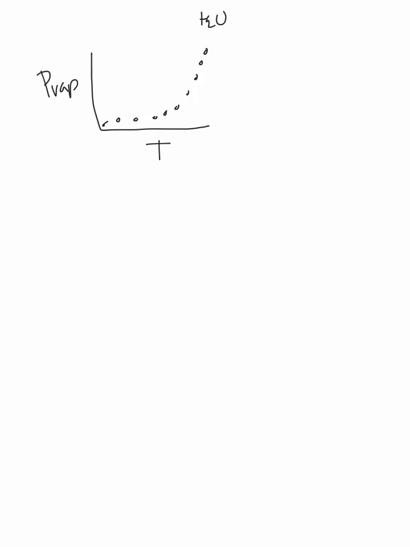The way this works is that we put the natural log of the vapor pressure on the y-axis, so the natural log of the vapor pressure is our y, and we make our x 1 over temperature instead of temperature.